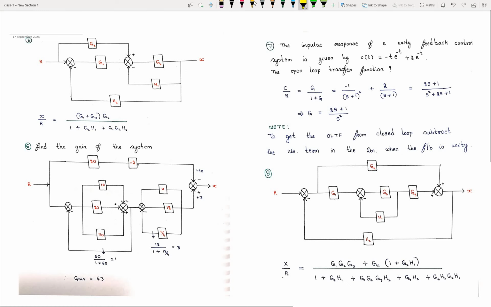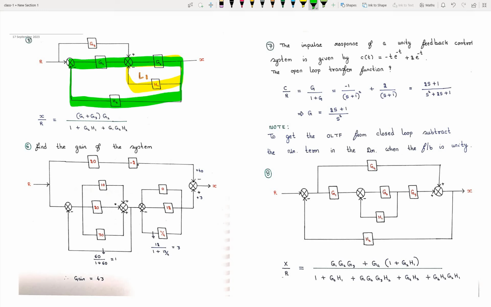So you can clearly see here, this is one loop. So I'll name this loop as L1. And we have one more loop like this. So we have to reach the starting point. So I'll name it as L2. So in denominator, we start like this.